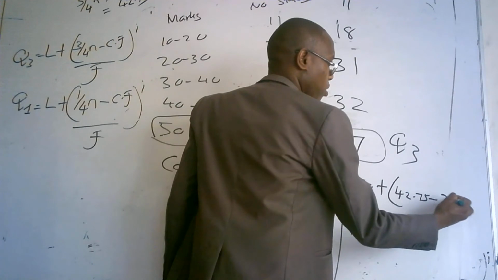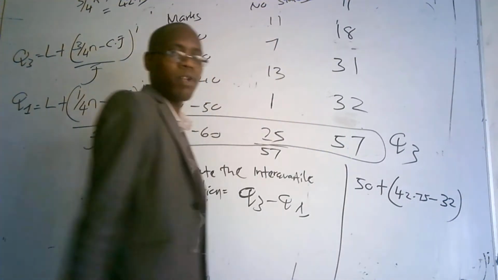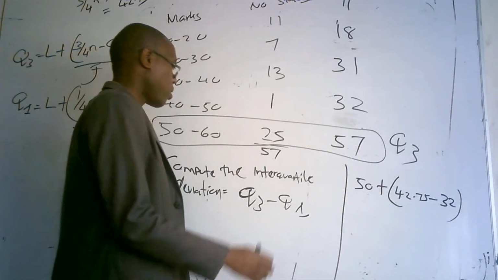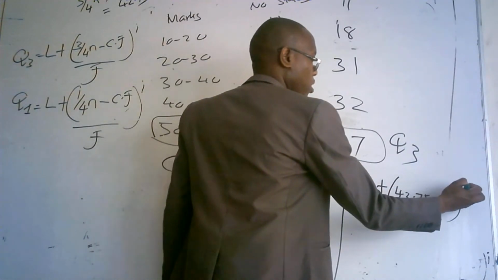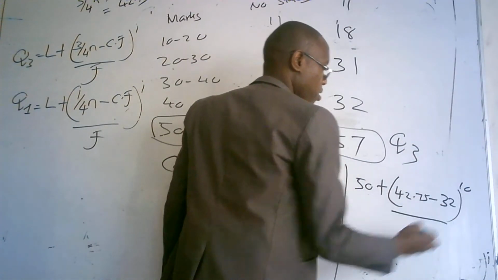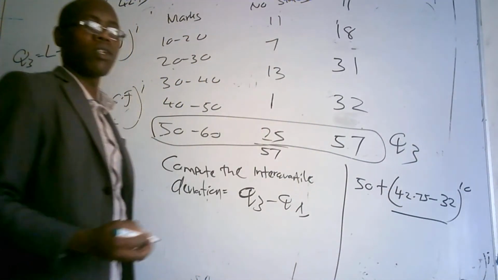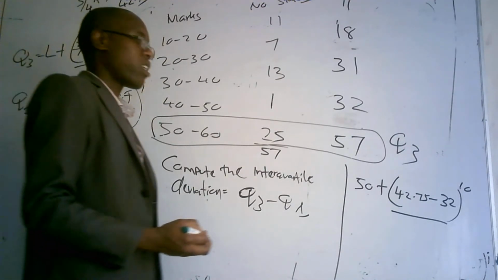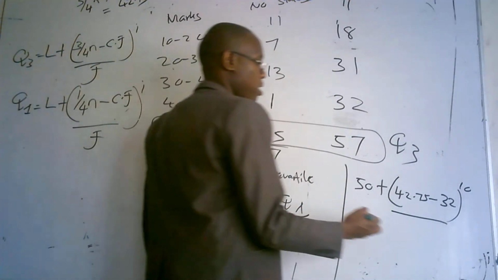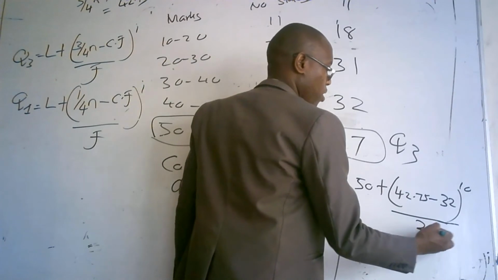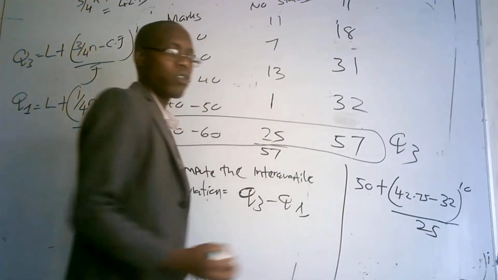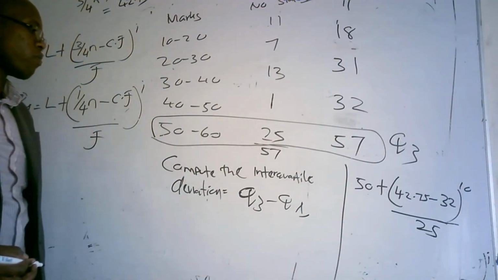So we raise 32, we close that bracket, and then you multiply by the class interval, which is 10, and divide by the frequency of the Q3 class, which is basically 25.